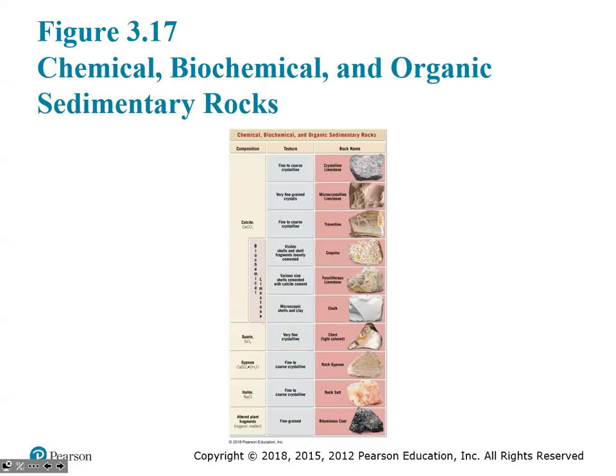And there's basically two groups. There's limestone that isn't made of living things, inorganic limestone. So you can have fine to coarse crystals, which is crystalline limestone, and very fine grained crystals, that's microcrystalline limestone.